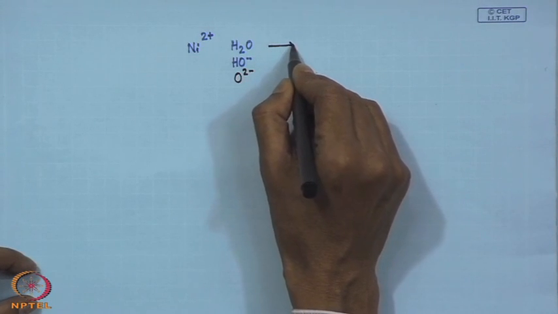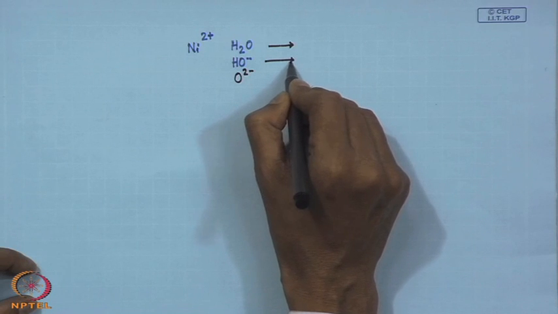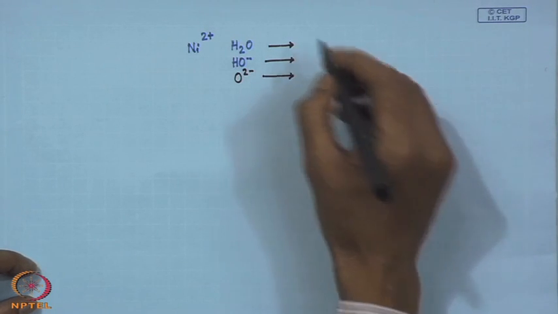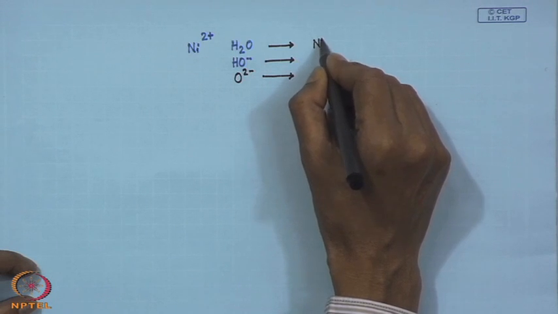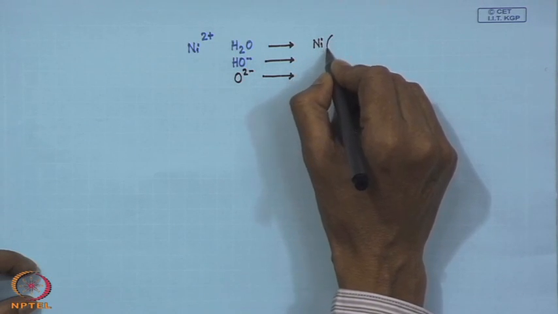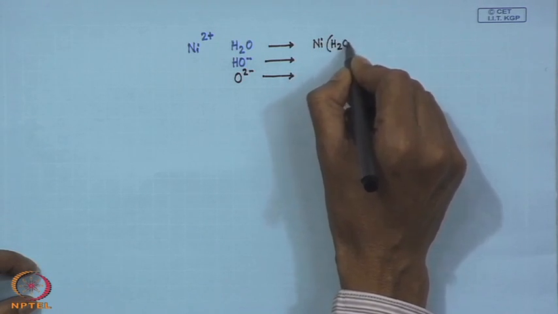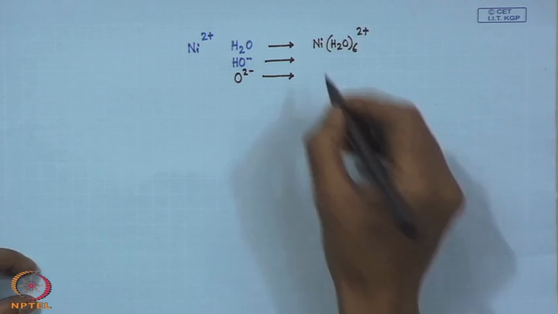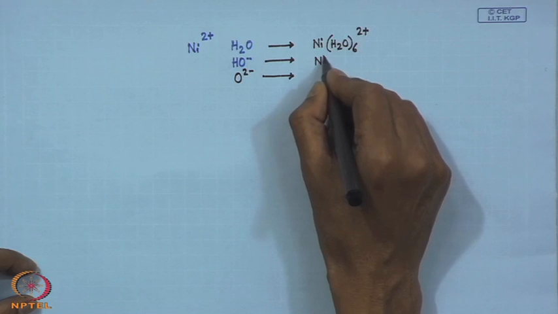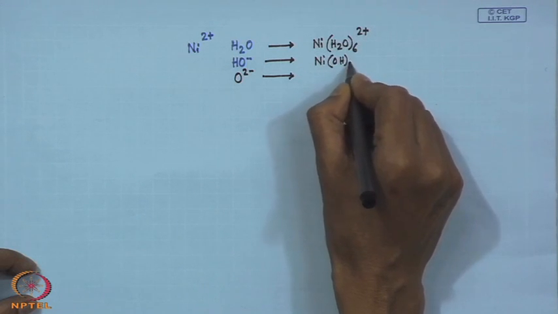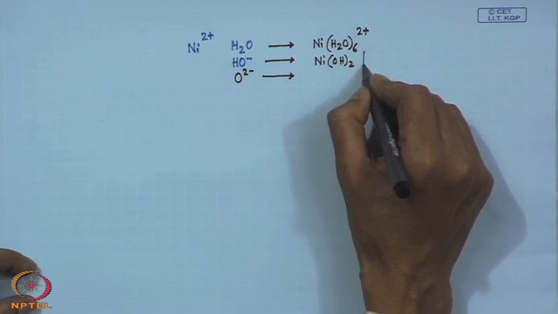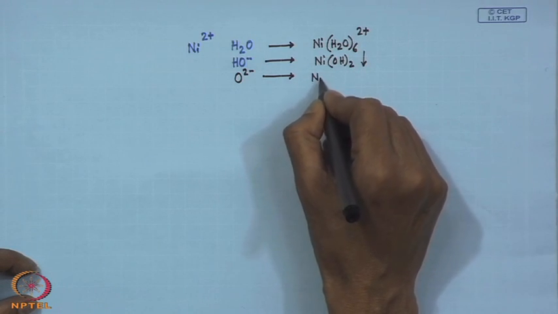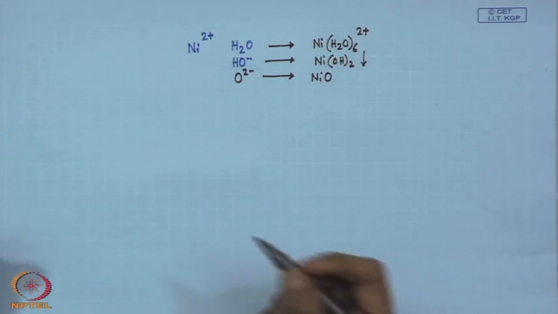So, these three species as ligands can interact with the metal center, giving rise to some complex forms which we all know now, like the hexaaqua nickel 2 cation, or simple nickel hydroxide which we encounter in analytical chemistry, and it precipitates out, as well as nickel oxide.